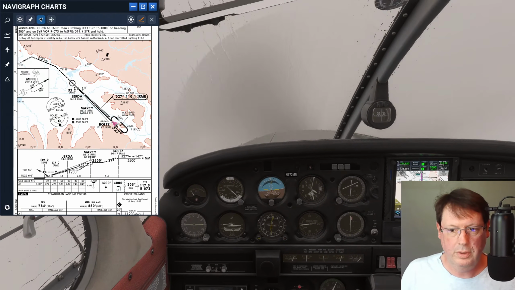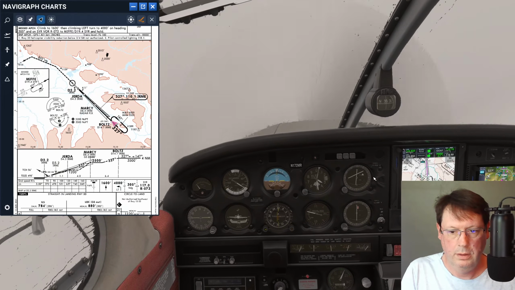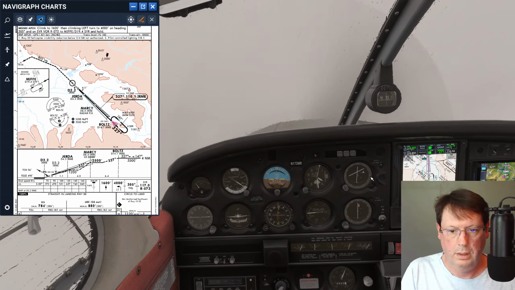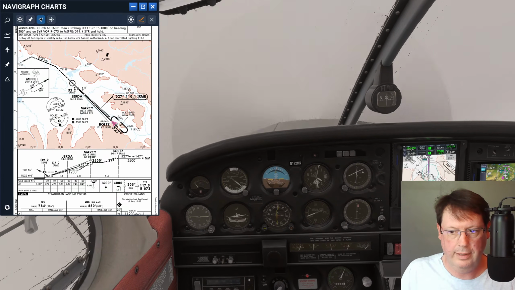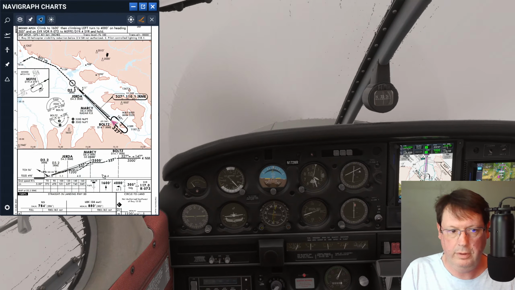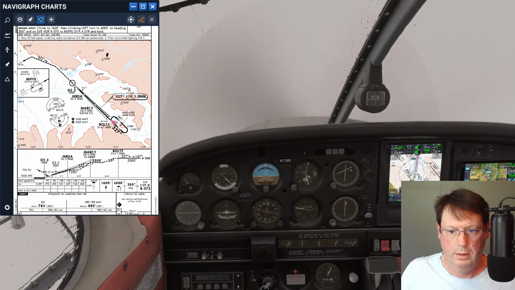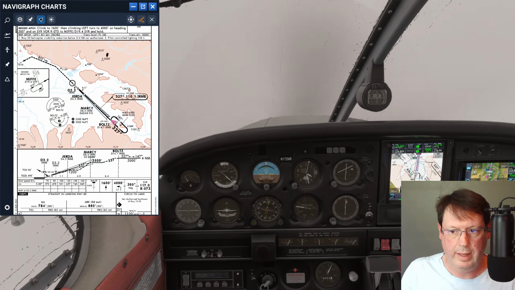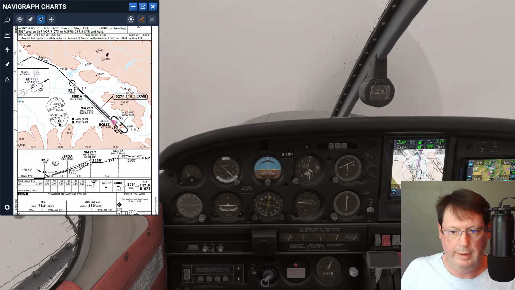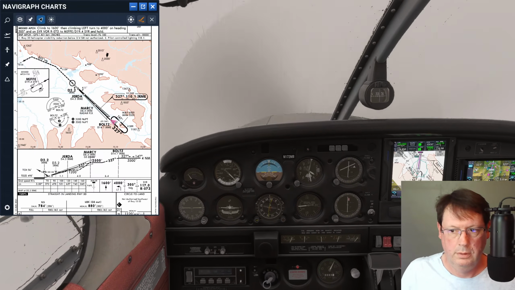And what I'm gonna do, see, I'm gonna hold right here until I capture the glide slope. I'm not gonna drop down to 2500 and then capture at Marcy. I'm just gonna hold right here and capture, and then fly it all the way down from wherever I capture.